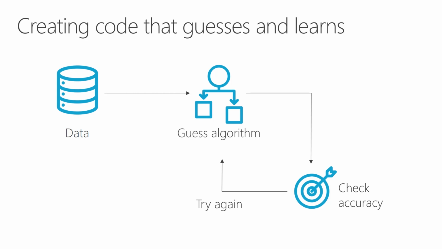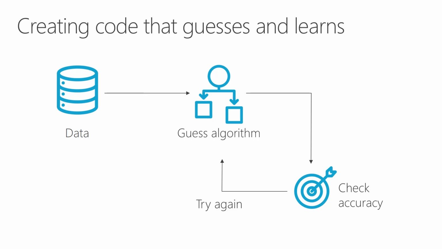So when I say guess an algorithm, then check accuracy and try again, there are actually 2 try again loops that are really part of getting machine learning correct. And we'll look at those in a little bit more detail later. But the first loop is actually a machine loop. It's our machine learning software doing the job. And the next loop is going to actually be human. We're going to actually have to keep trying again.